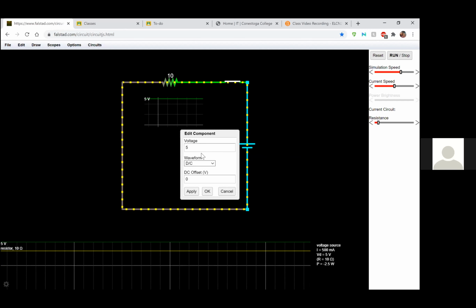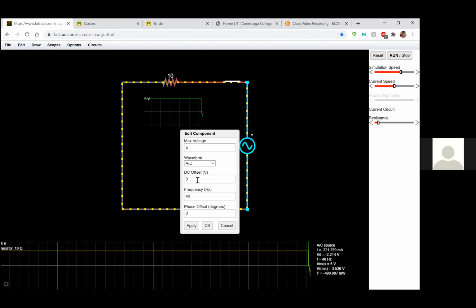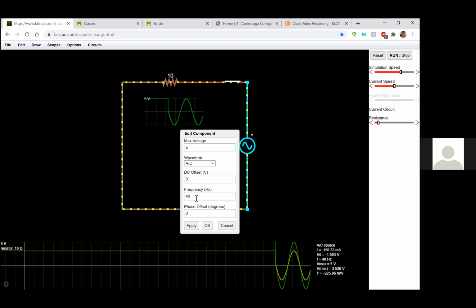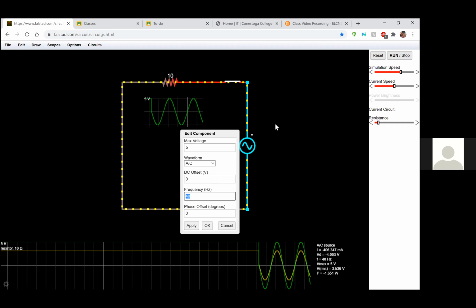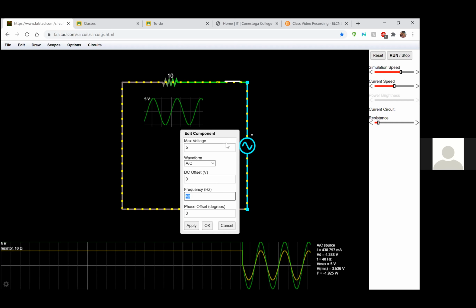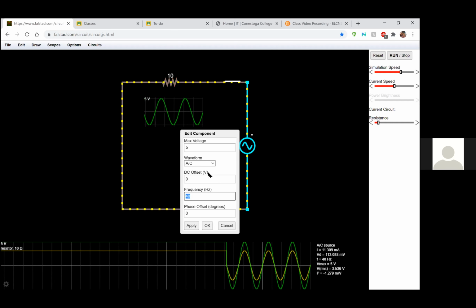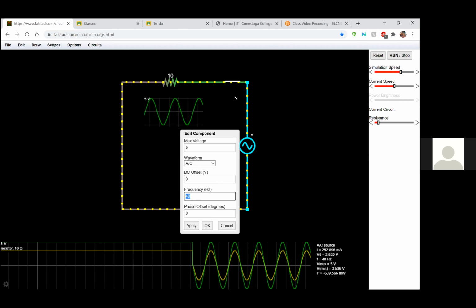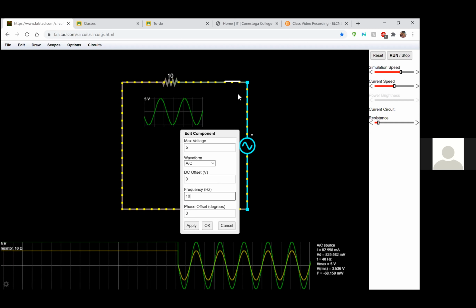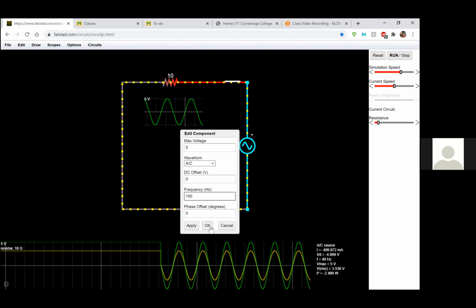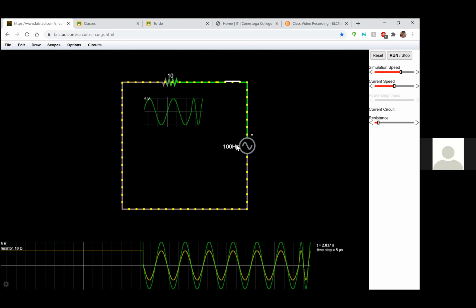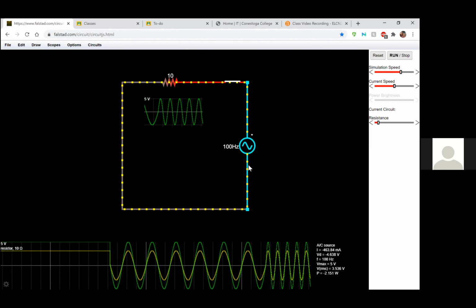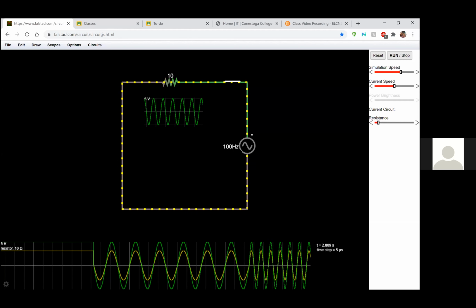So I'm going to be changing this to AC. I'm going to be using a different frequency. And you may say, well, I can see the frequency right there. I'm going to use a different frequency, this one.